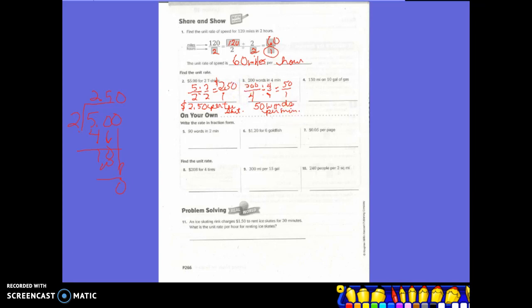And then we have miles and gallons of gas. 150 miles on 10 gallons of gas. So 150 over 10. We're going to divide by 10 because we want this to equal 1. And 10 goes into 150 15 times. So we get 15 miles per gallon.